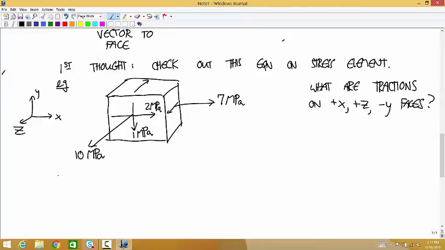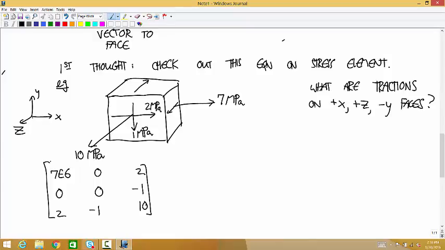The stress tensor is 7, 0, 2, then 0, 0, yz is -1, and then 2, -1, 10. Okay? Does that look right?